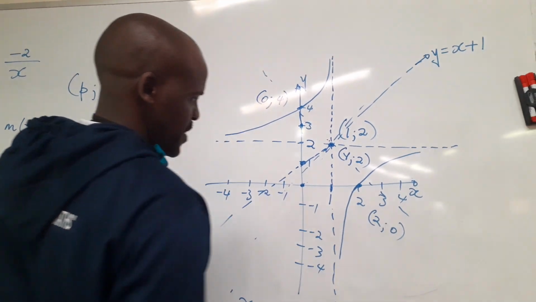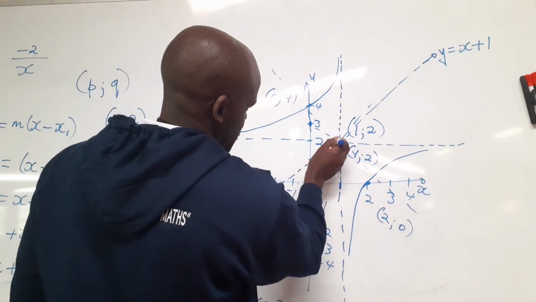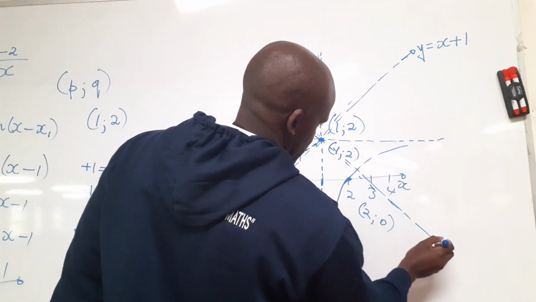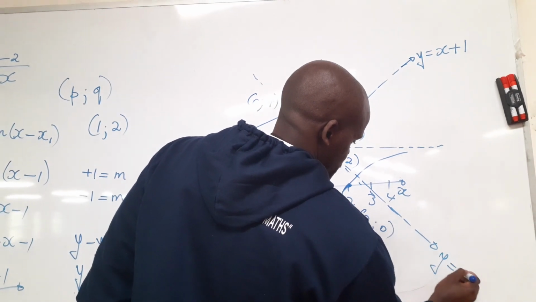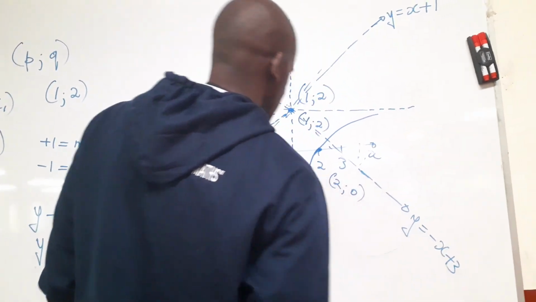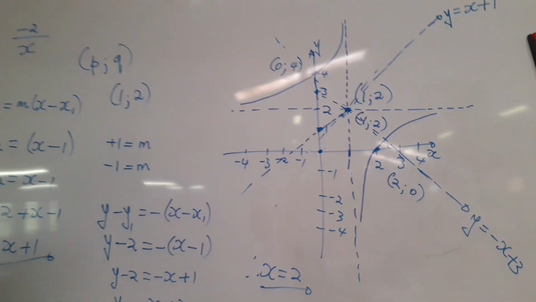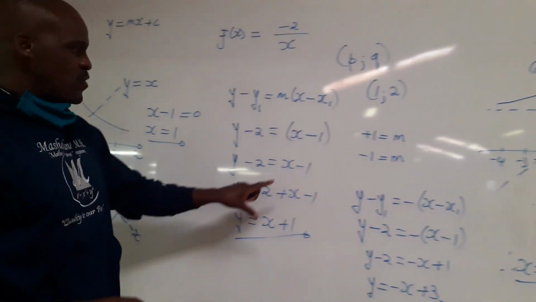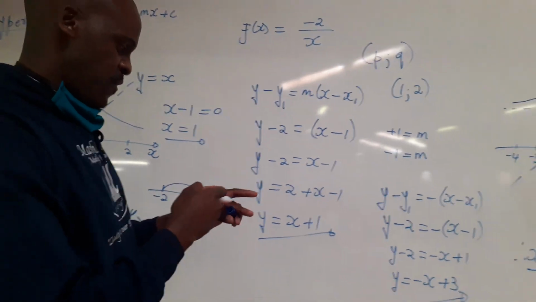It goes down like that. This is y equals negative x plus 3. That's the y-intercept, 3. That's how to find the equation for the axis of symmetry.